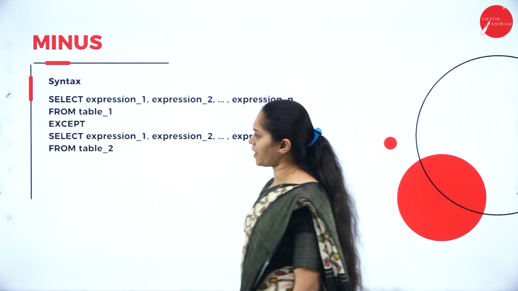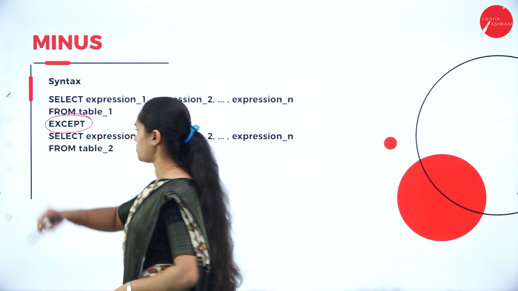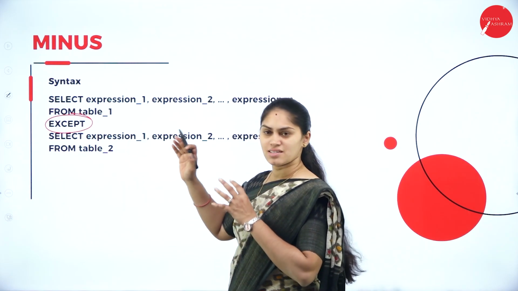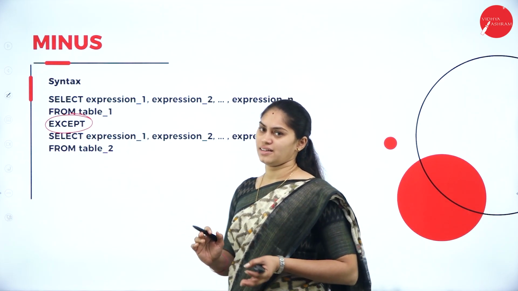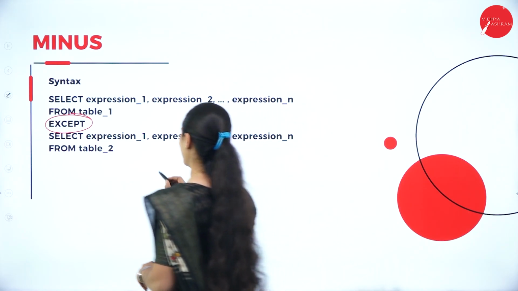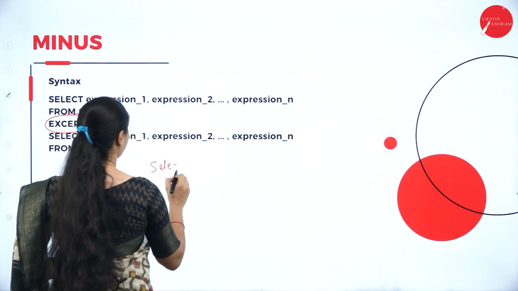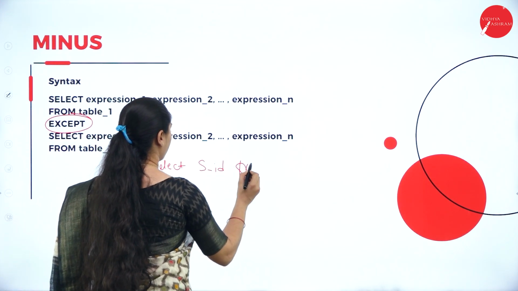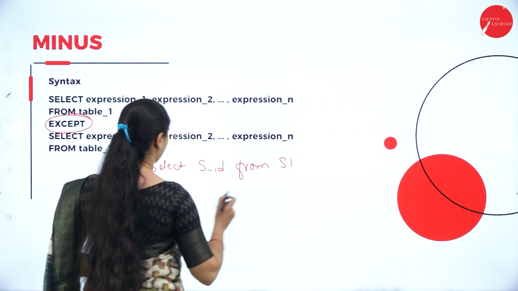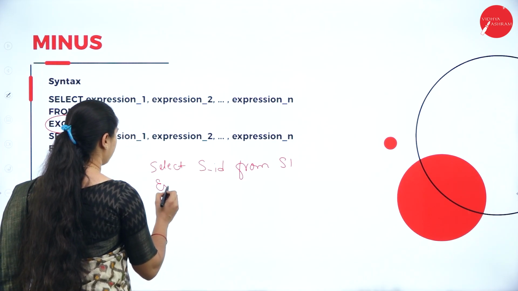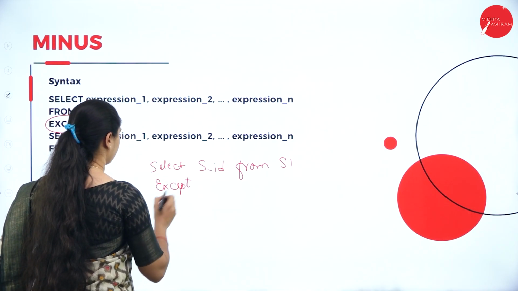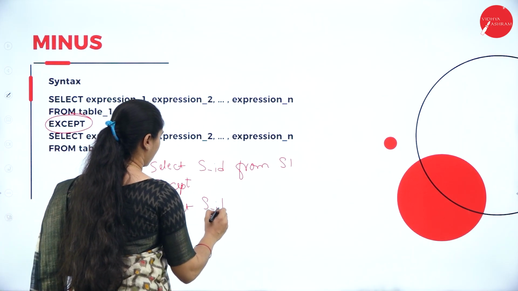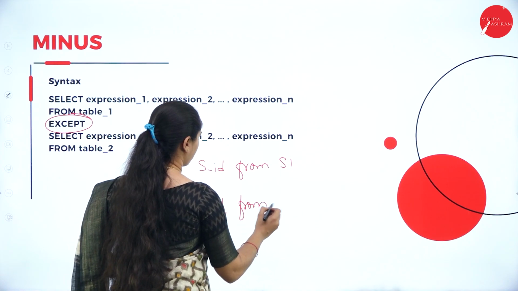Then what about this minus? In order to work with minus, we are going to use the except keyword here, which gives what is there in table 1 but not there in table 2. Let me take an example here. Select student ID from S1 except select student ID from S2.